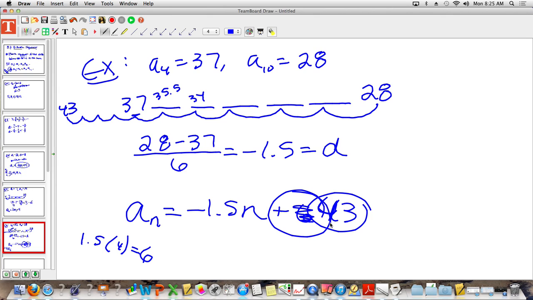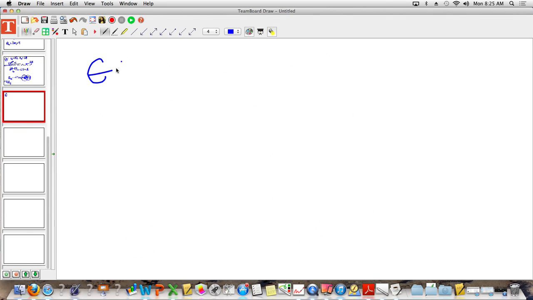This is a fun session. All right, your job, actually, I think I'm going to keep going and give you guys another example. Let's say that A1 is 17.